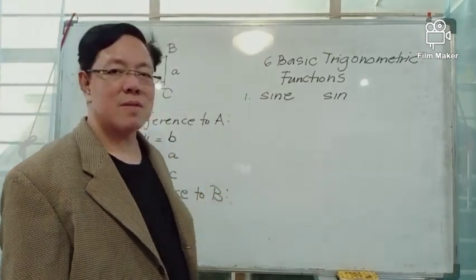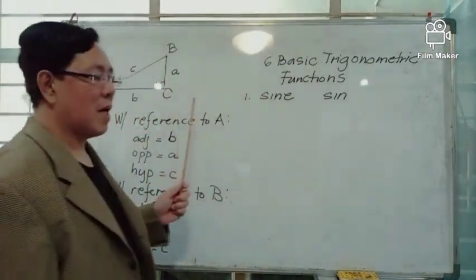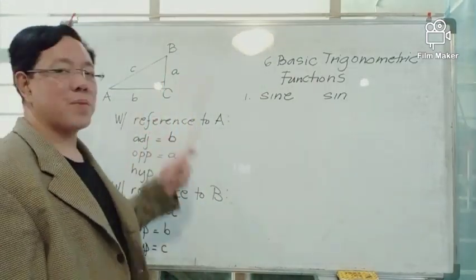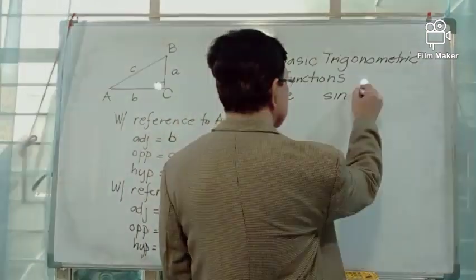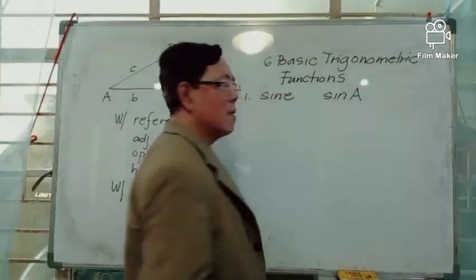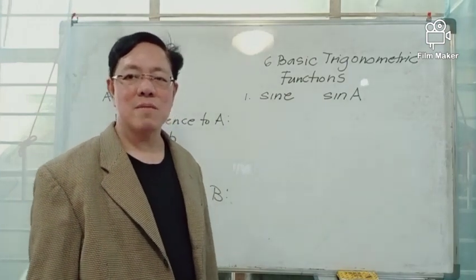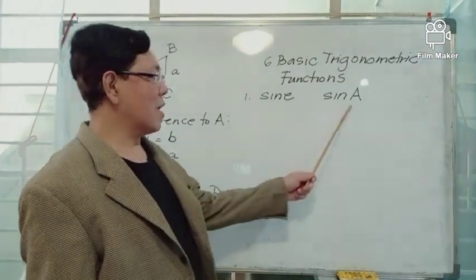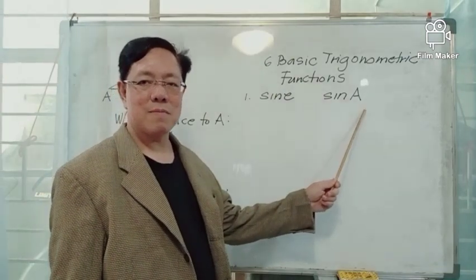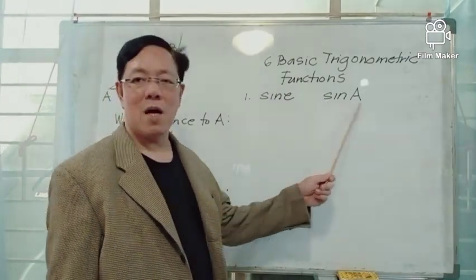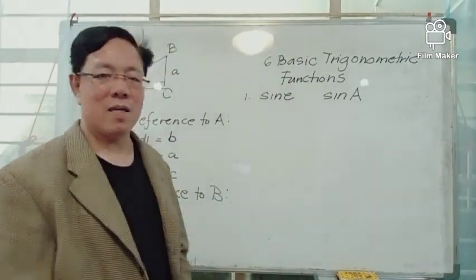You have to write an acute angle, either A or B. I will use angle A. So one of the 6 basic trigonometric functions of acute angle A is sine of A. You read sine of A or sine A.